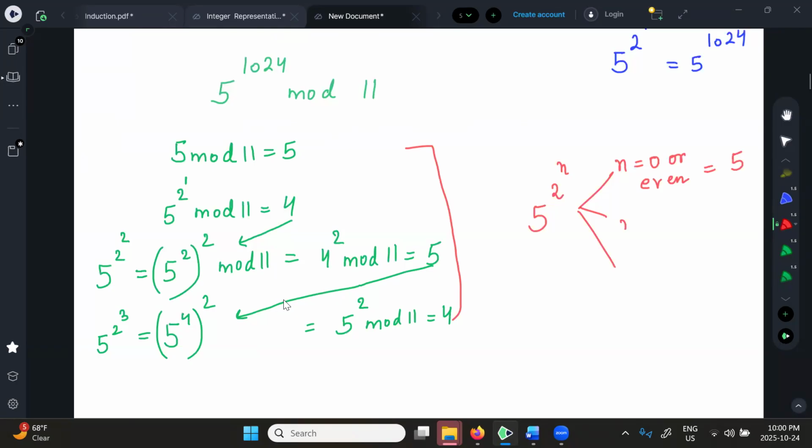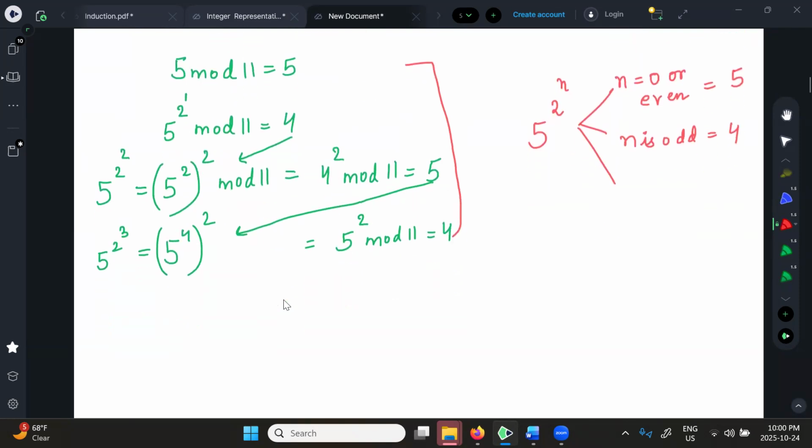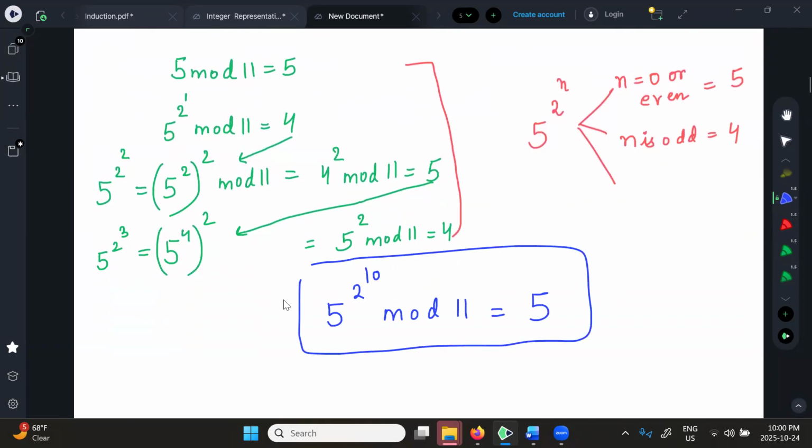If n is odd, then the answer is 4. So based on the pattern that we have seen, 5^(2^10) mod 11, because n is even, should be 5. And this is how the fast modular exponentiation works.